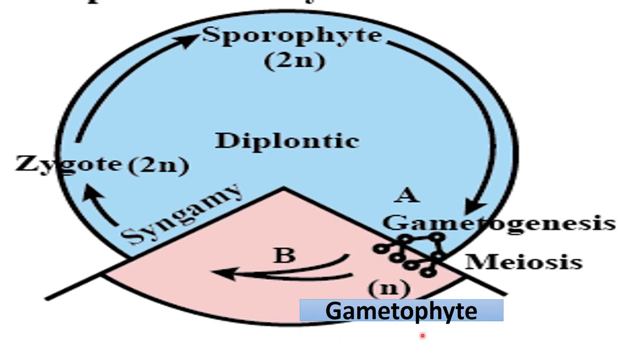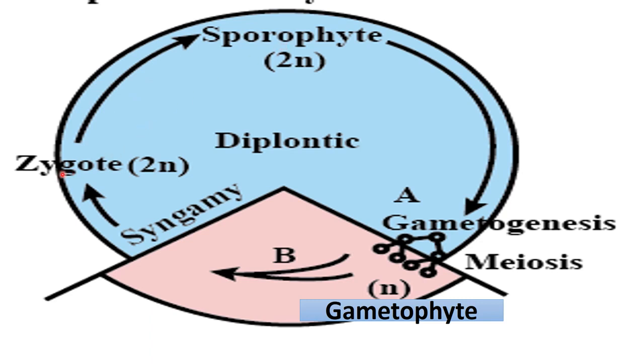Now inside the gametophyte, gametes are formed, and those gametes will fuse, or you can say syngamy occurs, and after syngamy there will be formation of zygote. Zygote is again a diploid cell, right? So it is represented by 2n, and again zygote after development makes the sporophyte.